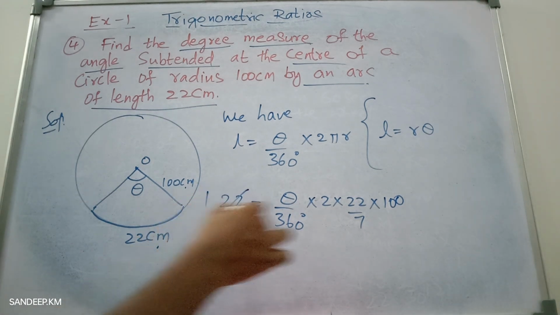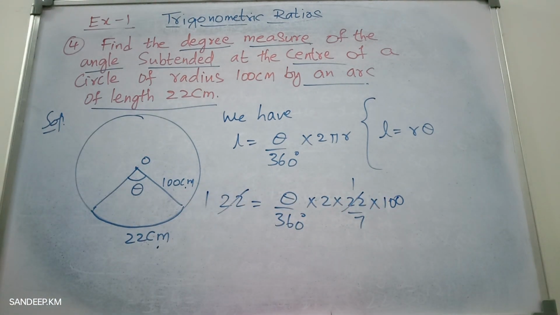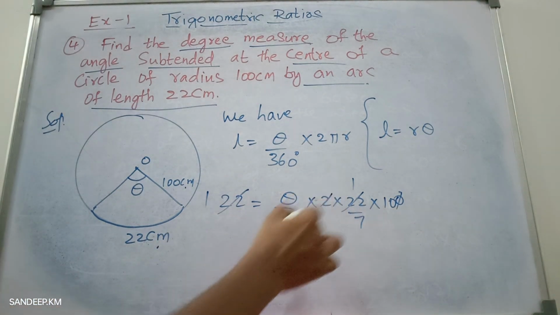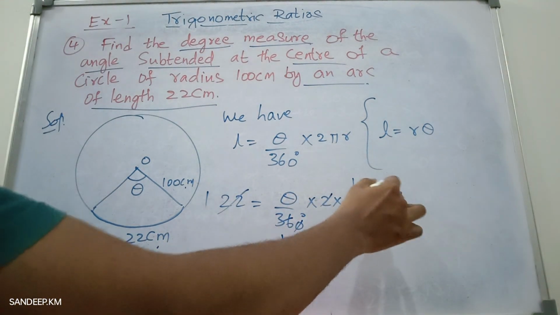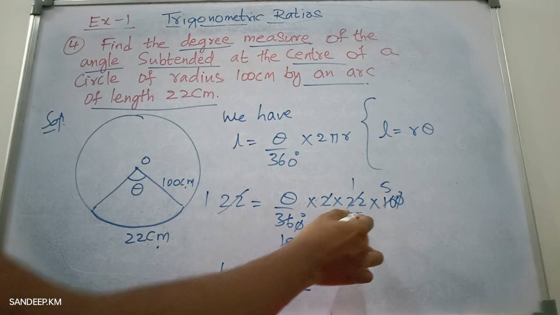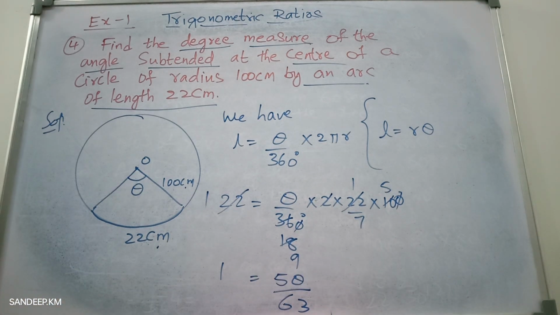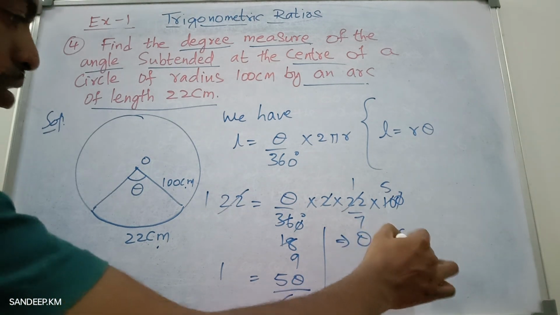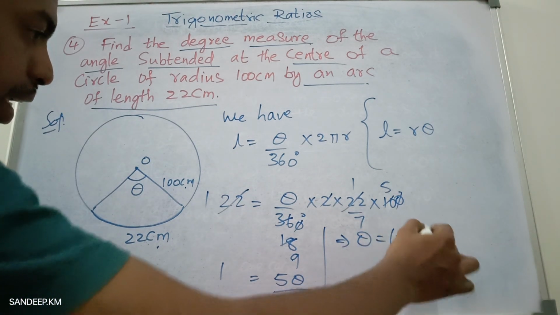So you know that both sides 22 will get cancelled, and then 0 and 0 will get cancelled. 2 1s are 2, 2 18s are 36, 2 5s are 10, 2 9s are 18, right? So therefore we'll get 1 equal to 5 theta by 9 7s are 63, and then if you cross multiply, we will get theta is equal to 63 by 5 degrees.